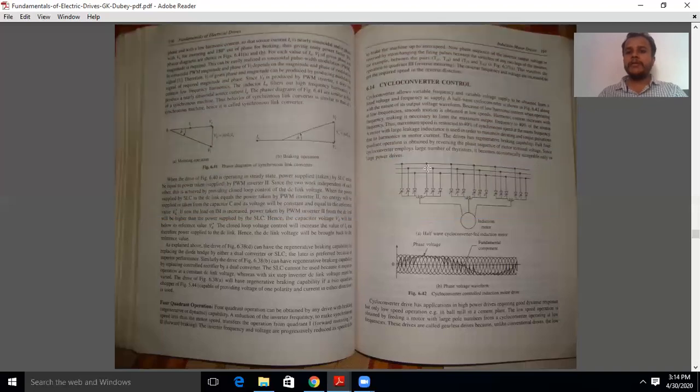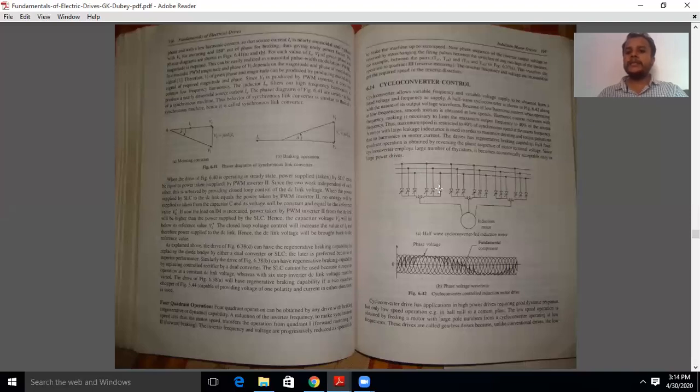Since the cycloconverter employs a large number of thyristors, it becomes economically acceptable only in large power drives. In order to have the particular switching operation, we are considering here some thyristors.